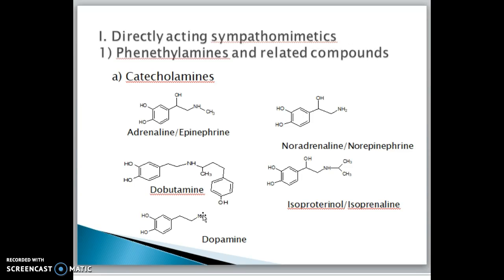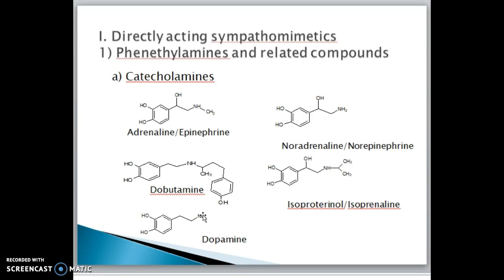If we observe the structures, each of these compounds consists of a catechol ring system followed by an ethyl chain and then an amine group. The amine group may be substituted or unsubstituted. Regarding this, we'll discuss in detail in the SAR of these compounds.